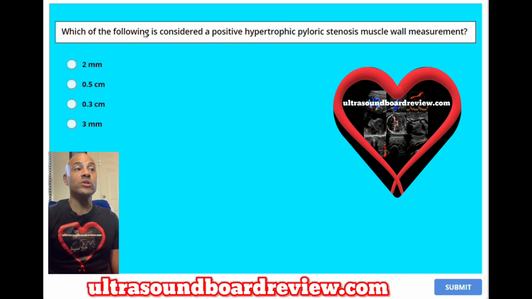Question 70. Which of the following is considered a positive hypertrophic pyloric stenosis muscle wall measurement? A, 2 millimeters, B, 0.5 centimeters, C, 0.3 centimeters, or D, 3 millimeters?